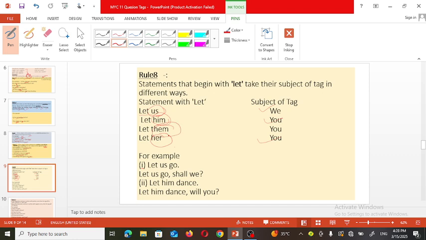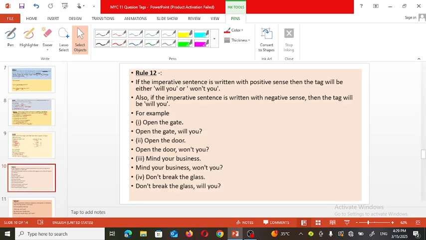And when we are talking about they, plural, at that time also we must use the pronoun you in the tag. For example, let us go. Shall we? We have used the positive sense. Okay. Let him dance. Will you? So a positive statement must be there, or a positive tag must be there.